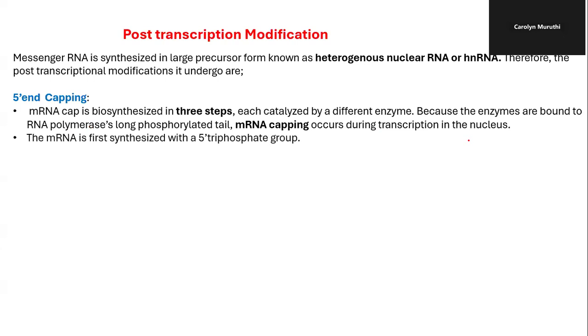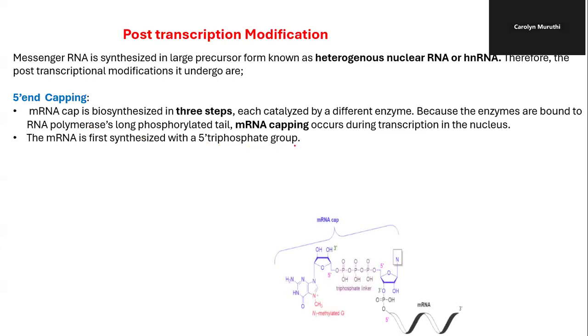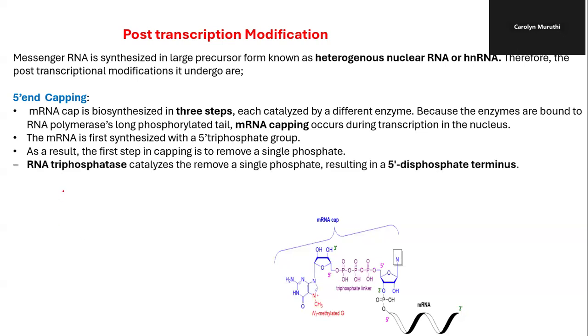So we see that the messenger RNA is first synthesized with a 5' triphosphate group. And so the first step in capping is to remove 1 phosphate. This reaction is catalyzed by RNA triphosphatase, which removes a single phosphate, resulting in a 5' diphosphate terminus.